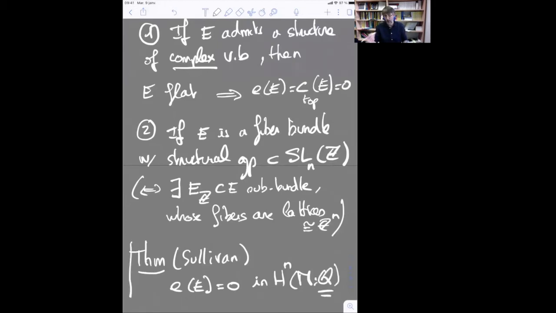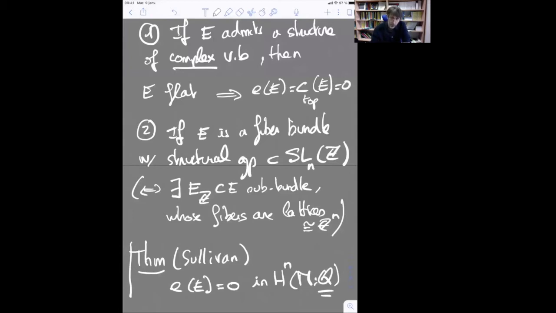So this is another situation where the Euler class is 0, and we will be interested in both of these situations. And since the Sullivan theorem will be quite important for us, I will give a proof of it, insisting on the part that will be really crucial for us. Okay, so that will be my next part.